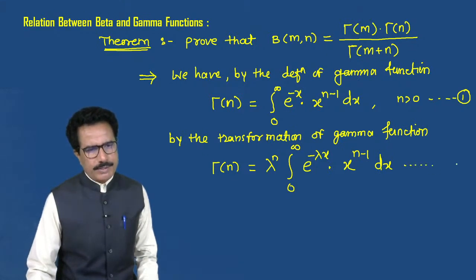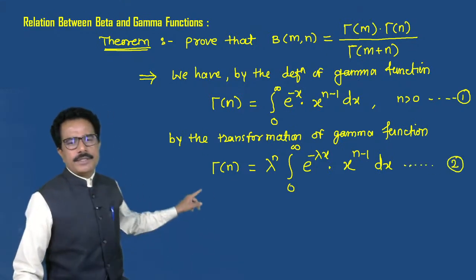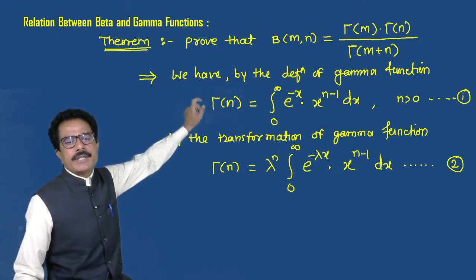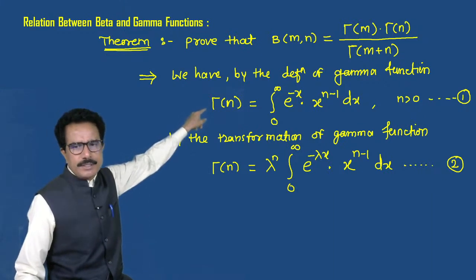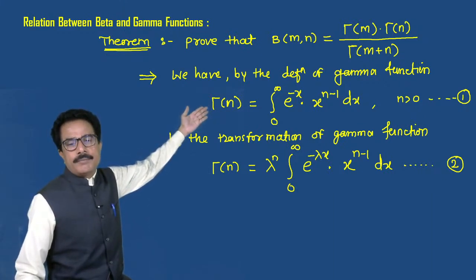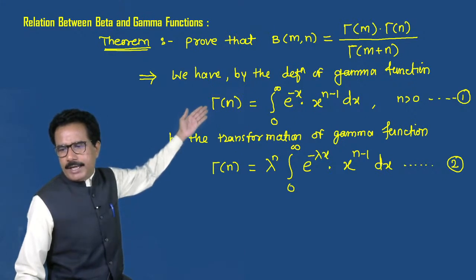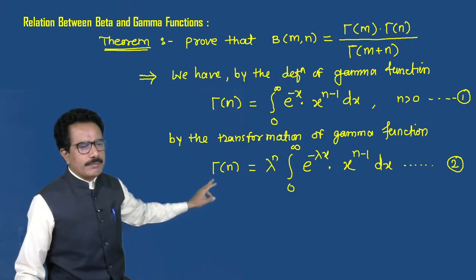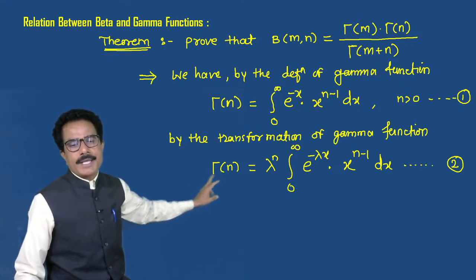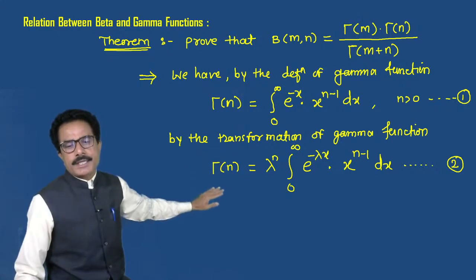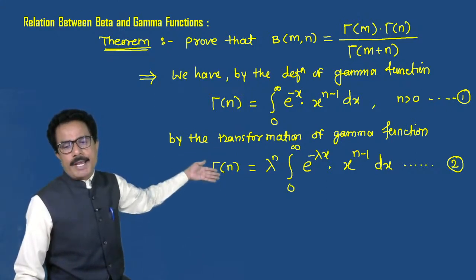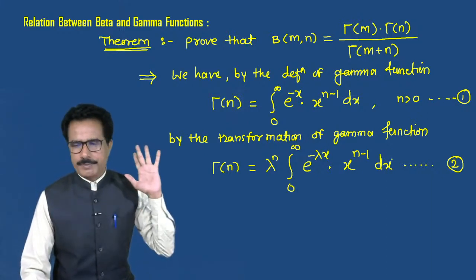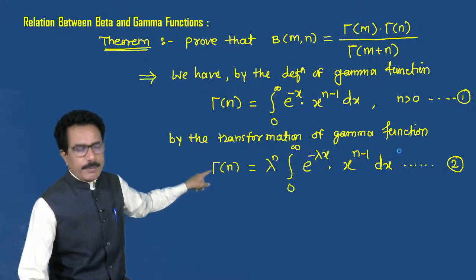Suppose this is equation number 2. This relation which we have proved is the transformation of a gamma function. Actually the basic definition of the gamma function is this. So by the transformation property we can write gamma n is equal to lambda raised to n integral from 0 to infinity e raised to minus lambda x into x raised to n minus 1 dx. Okay, this is the transformation of a gamma function.